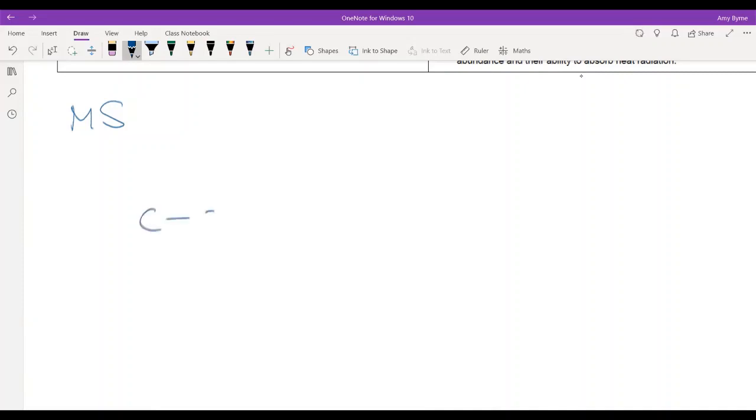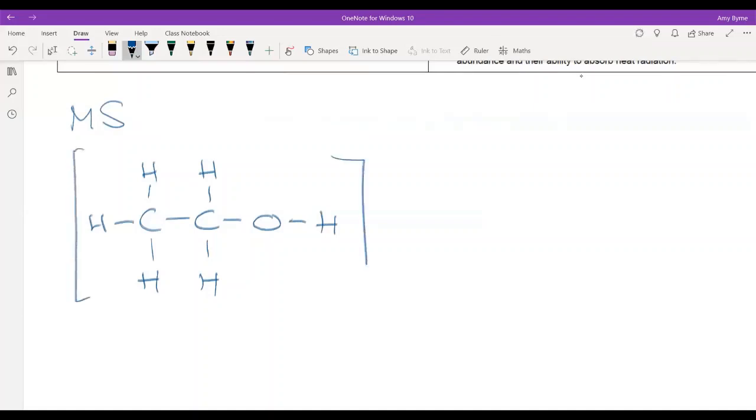So I have carbon, carbon, oxygen, hydrogen, and so on. And I fire electrons at this thing until it ends up knocking an electron off and giving it a positive charge.